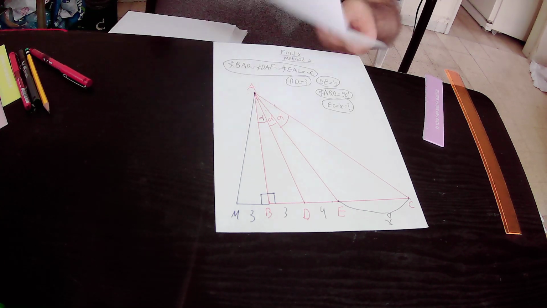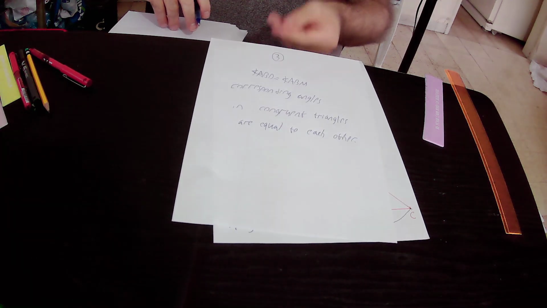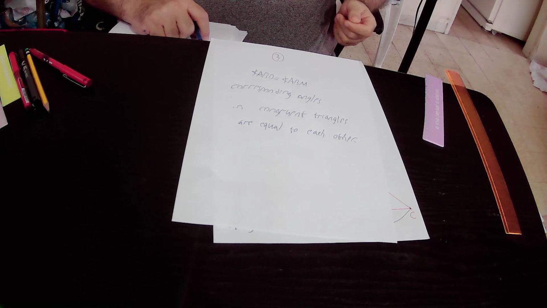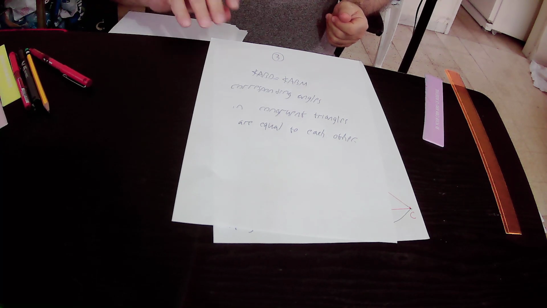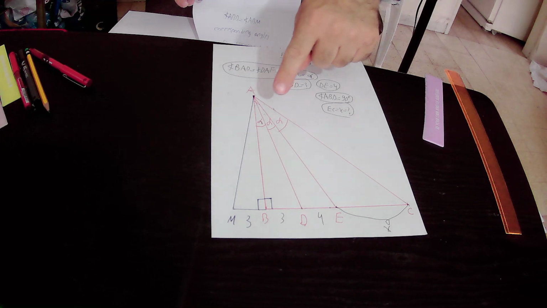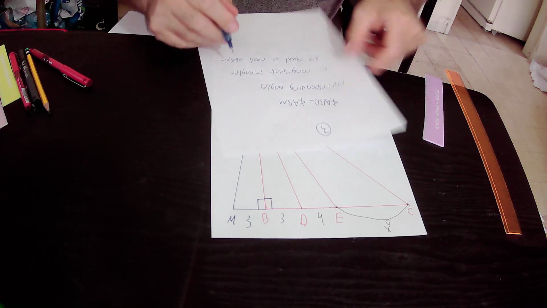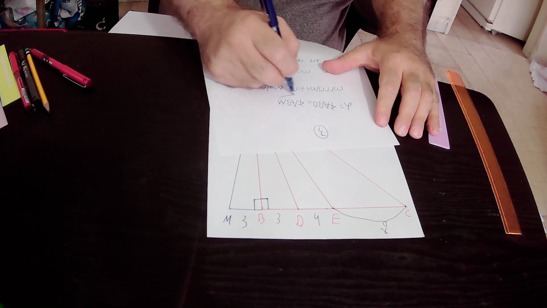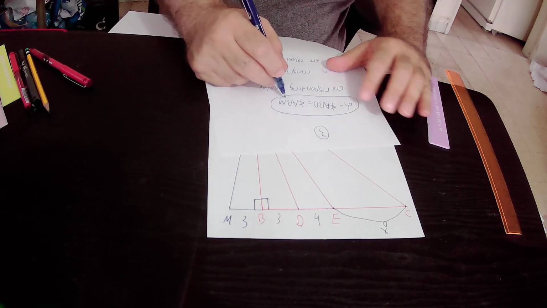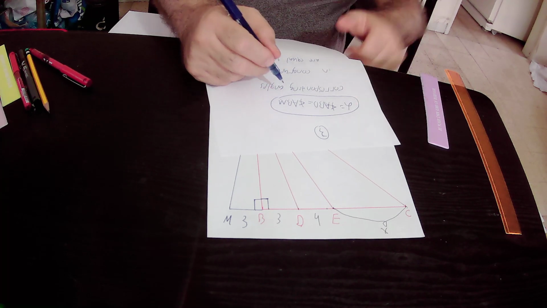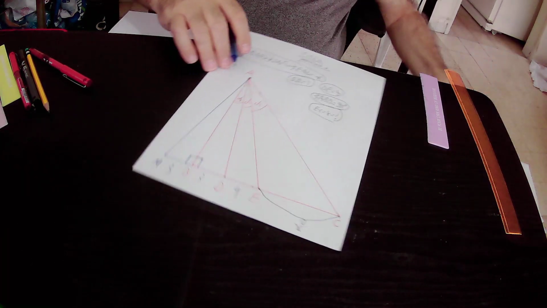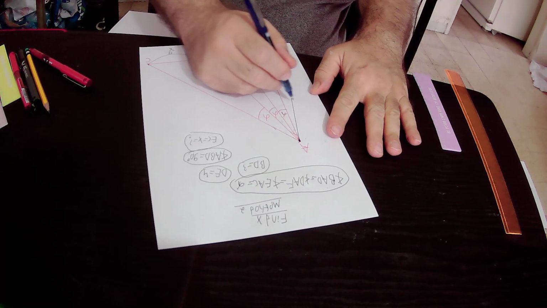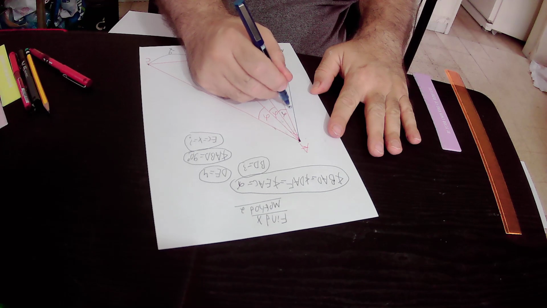I'll repeat again. Angle ABD equals angle ABM according to the rule that corresponding angles in congruent triangles are equal to each other. And we know that angle ABD equals alpha. So from this equality we can derive that angle ABM also equals alpha.